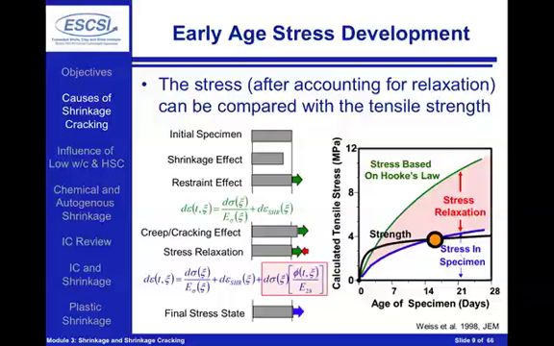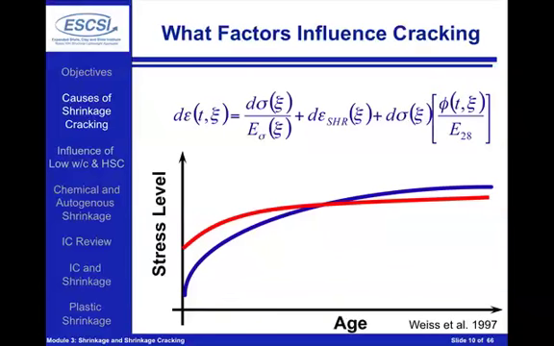And when the strength starts to be exceeded by the stress that's developing inside the system, there we can start to worry about the potential for the crack to form in the system. Now, we can write this expression out and we can start to look at all the components, and as I was mentioning before, we're really starting to worry about the volume change or the shrinkage, the incremental shrinkage that occurs in the system.